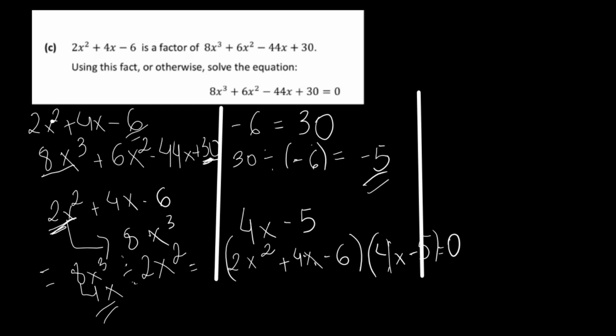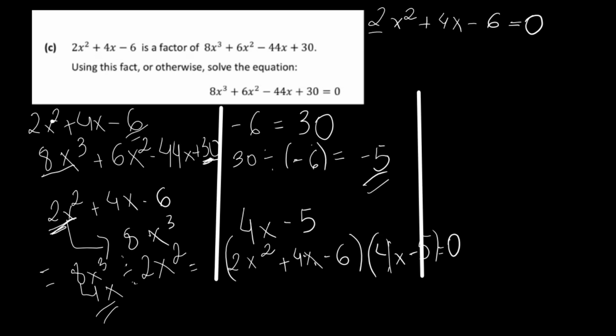Now we first solve the quadratic factor. How do we do that? We copy 2x squared plus 4x minus 6 and put this equal to 0. We can see all the numbers can be divided by 2 on both sides.